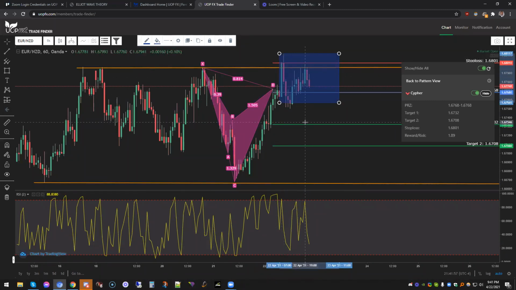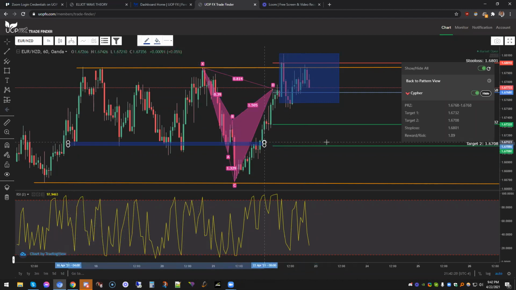Now I'm only mentioning resistance because support and resistance exist within pattern formations. I know a lot of other traders look at support and resistance in different ways. For instance, another trader might use a rectangle tool and say this is a resistance zone. Let me just change the color.